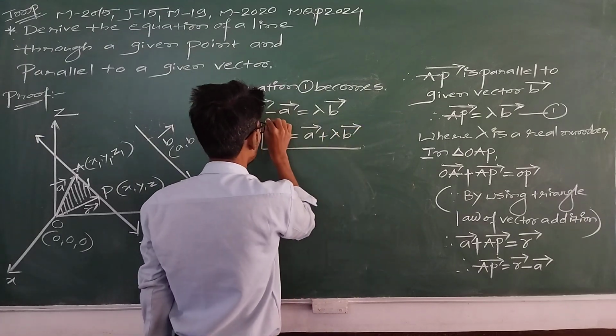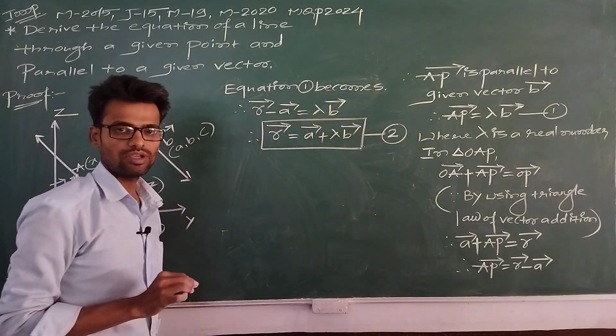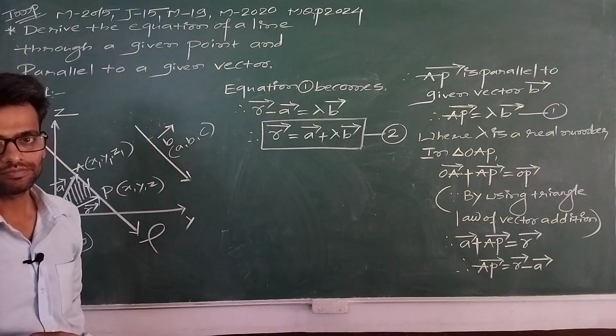Yes, we call this equation number 2, and this is the equation of a line in vector form.